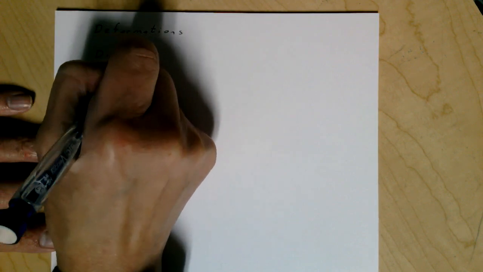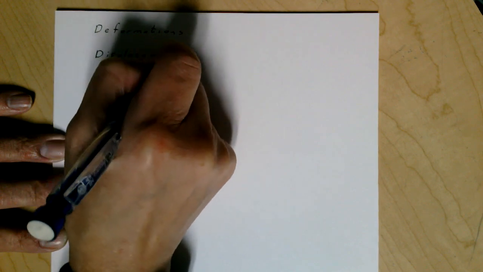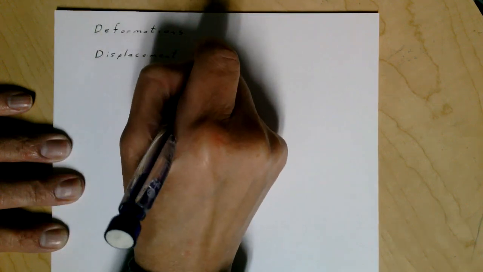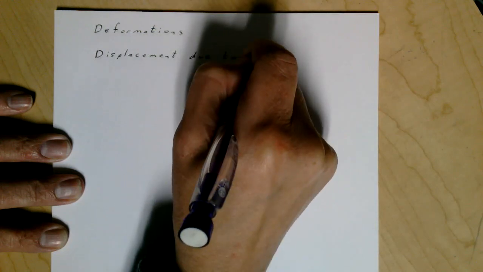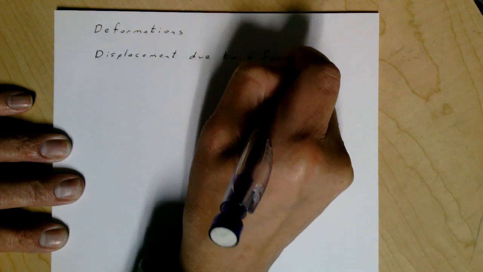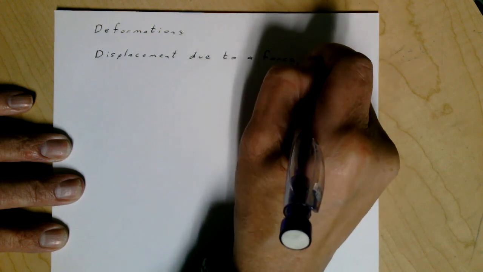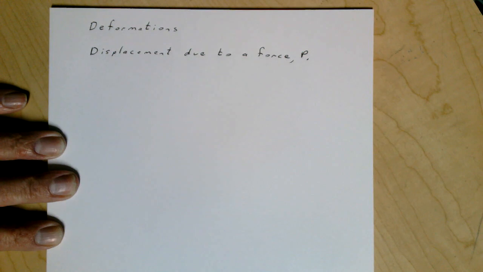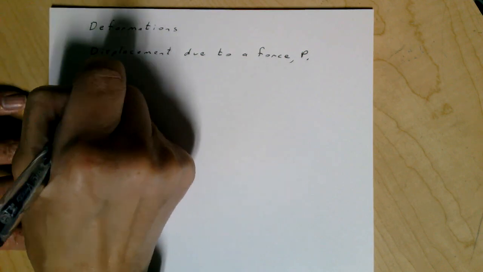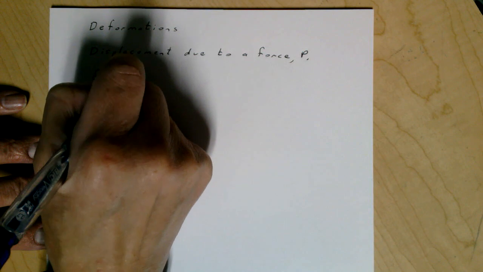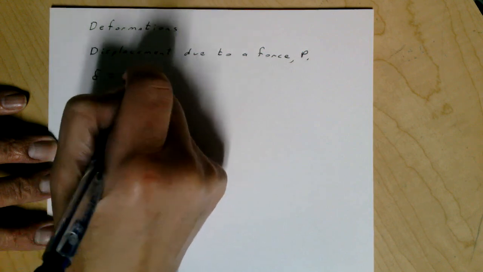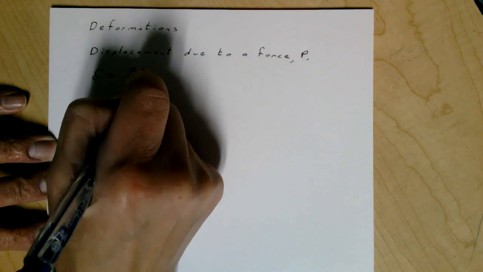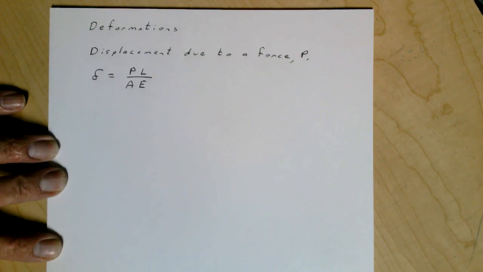So basically, consider a displacement due to a force, call it P, and the displacement will be the force times the length of the part divided by the area of the face of the part times the Young modulus.